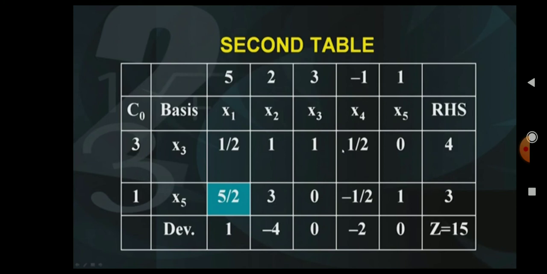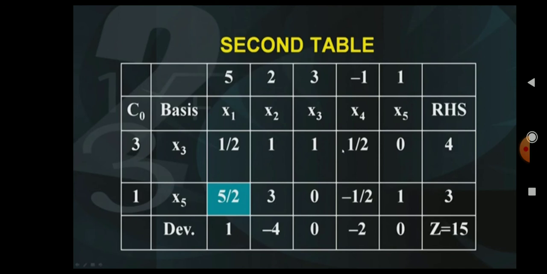So you have the objective function as 15. Now it is another BFS. We had the initial BFS, and we now have another alternative BFS which has a better, greater value of z. So is it the maximum value?